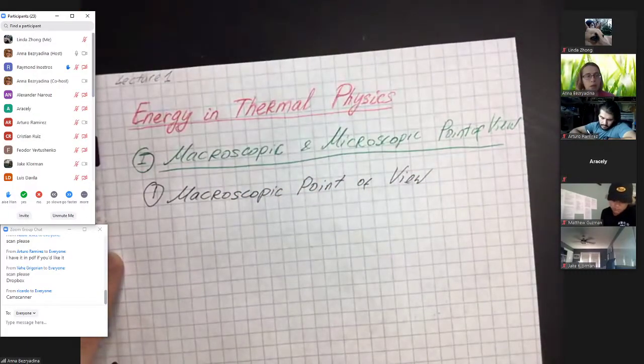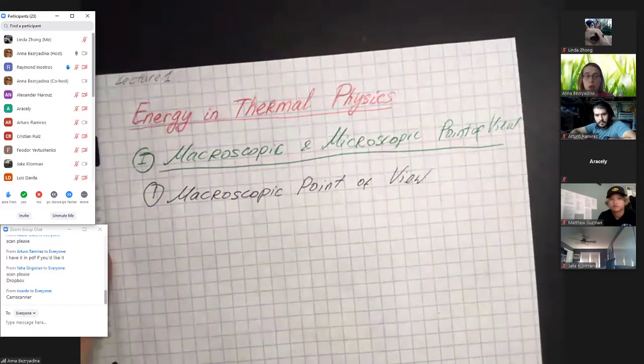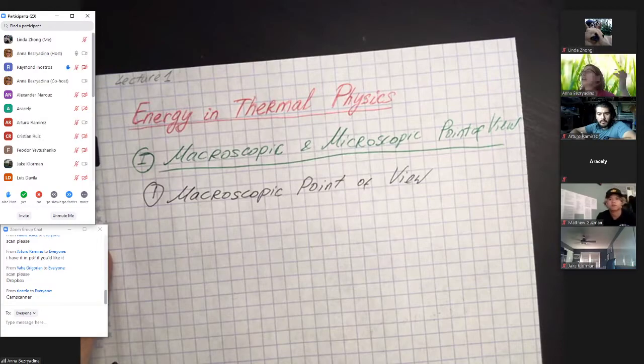Okay. So let's talk about macroscopic. Usually when we're discussing macroscopic, we're discussing something in the bulk, and our attention is focused on the system and everything outside the system, which has a direct effect on its behavior, like surrounding areas. For example, this laptop. This is a macroscopic point of view. It's a big thing. And I'm looking at what is the temperature outside of it, what is the air. This is a macroscopic point of view, okay?